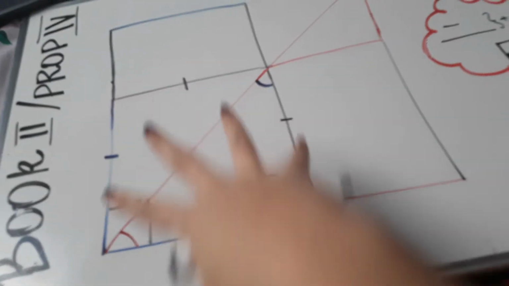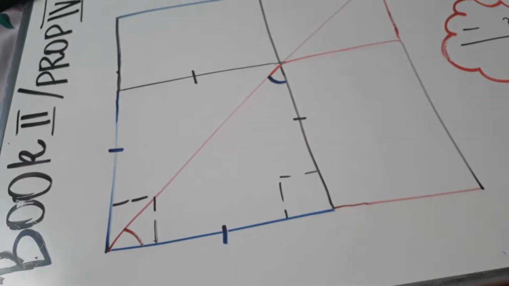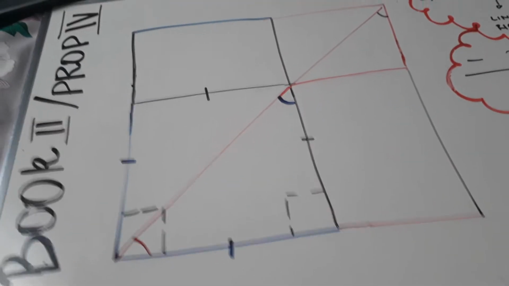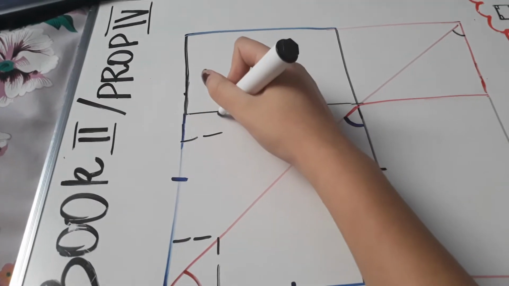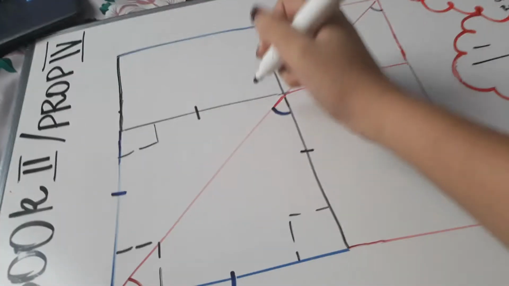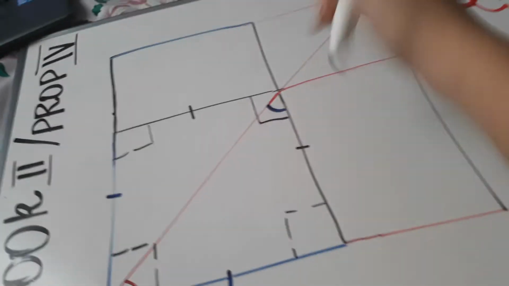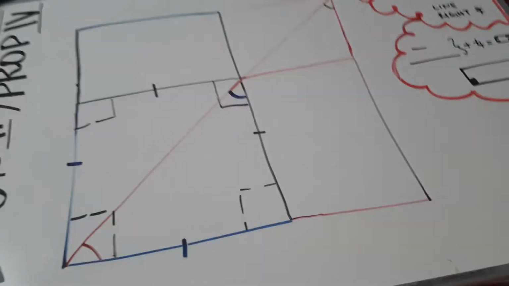As the four sides are equal, this is a parallelogram. As this is a parallelogram, the opposite angles are equal. So I have this angle being equal to the opposite to this, and also this one being equal to opposite to this. So we have here the four right angles and the four sides being equal.